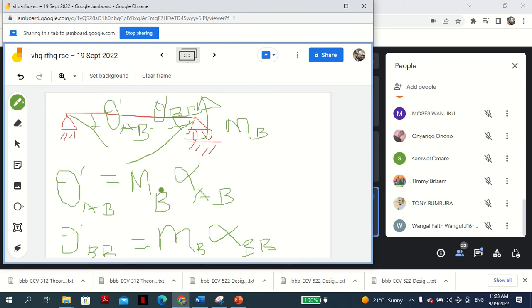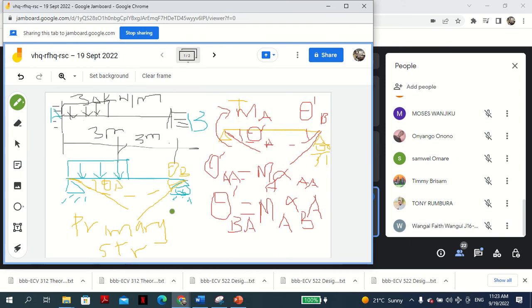So out of this, just to explain a little bit more, this is a primary structure. Here you apply the redundant, R redundant MA, and solve.